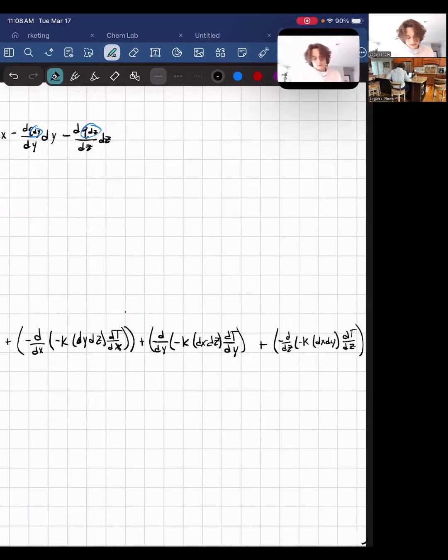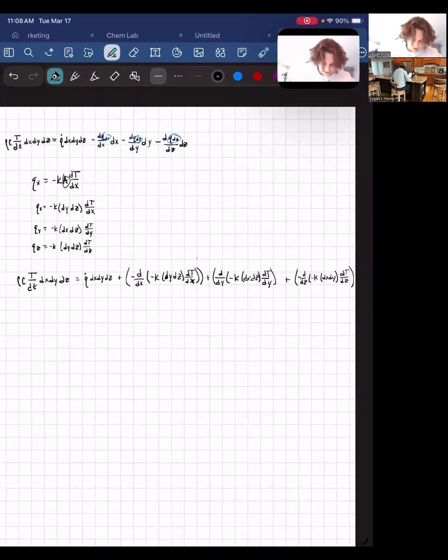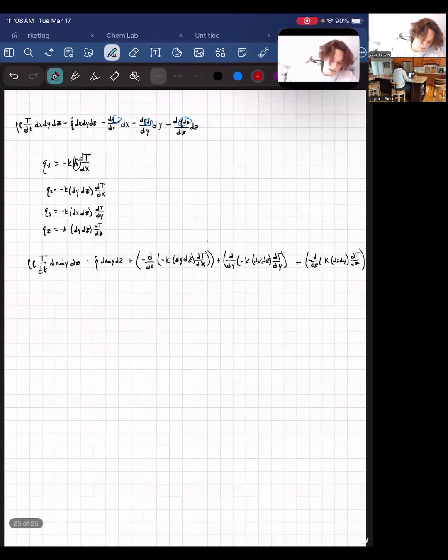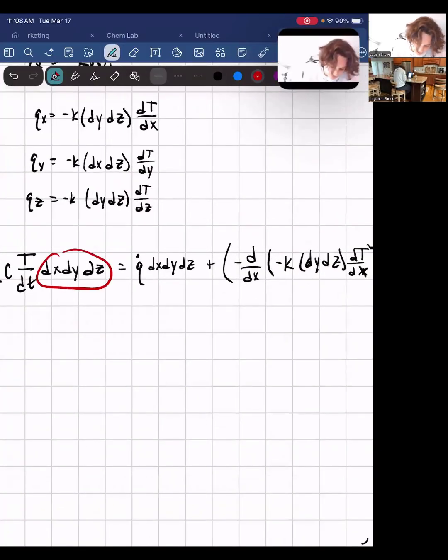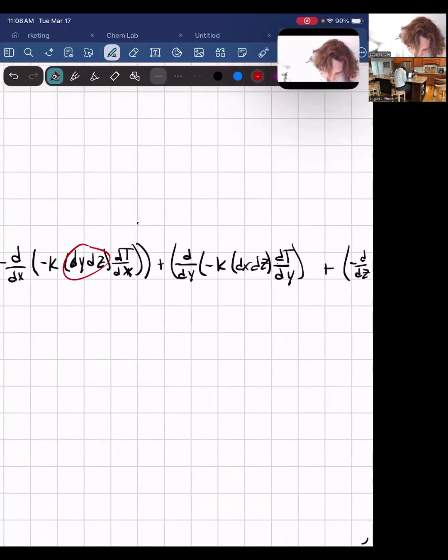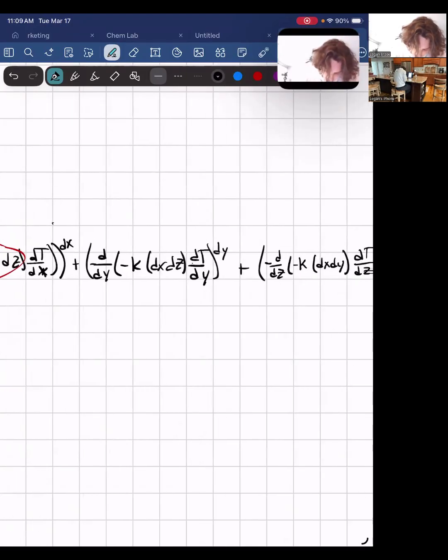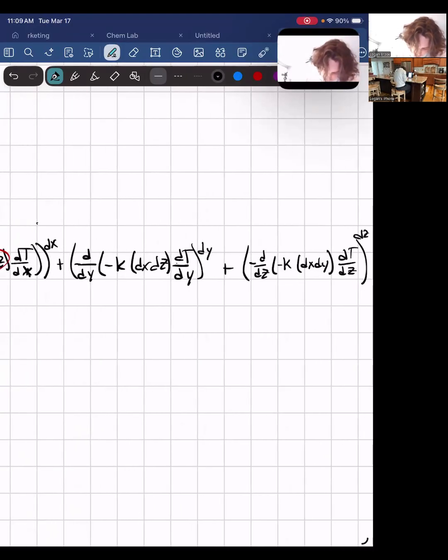Right, and so when we're looking at this overall equation, there are a couple of things to note. Every single term has a dx, dy, and dz. I actually did not write it on these ones, but this has a dx, a dy, and a dz too.